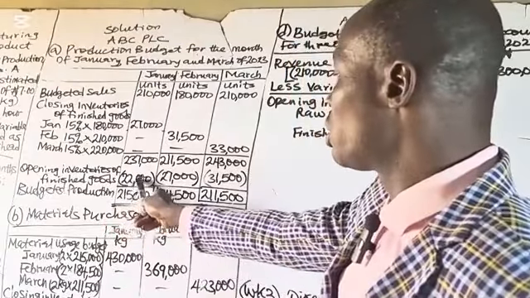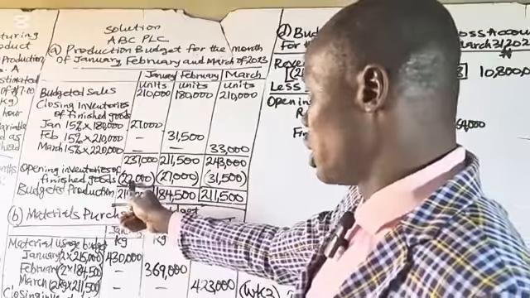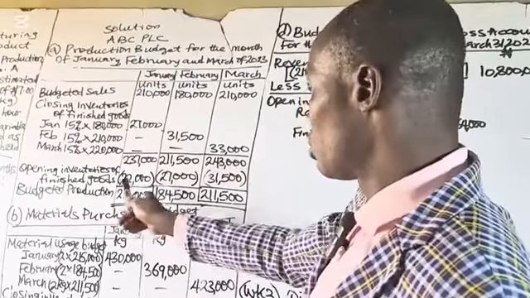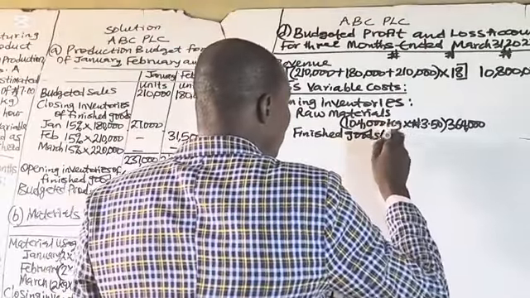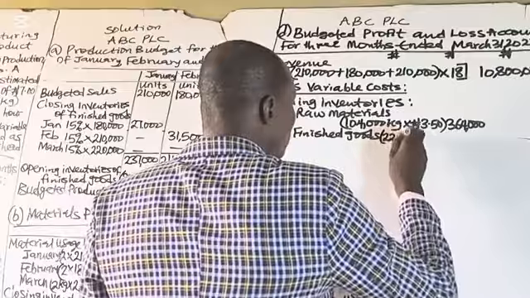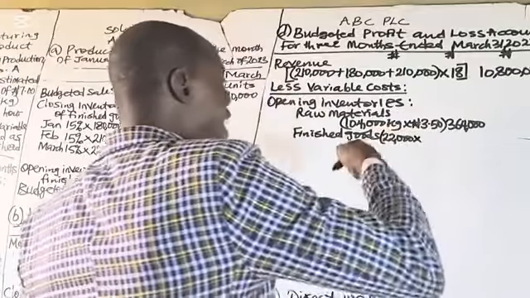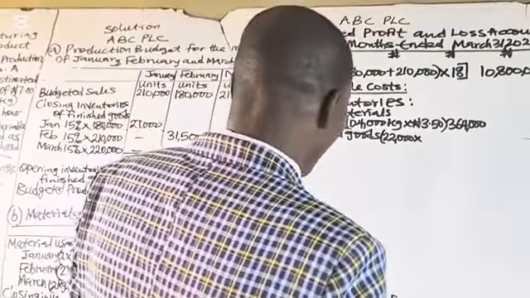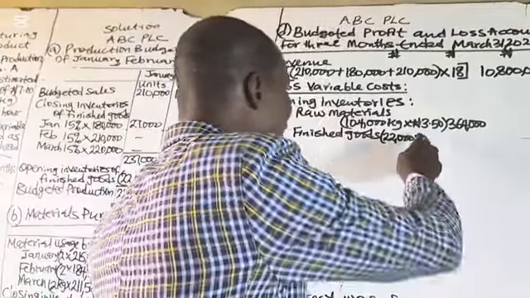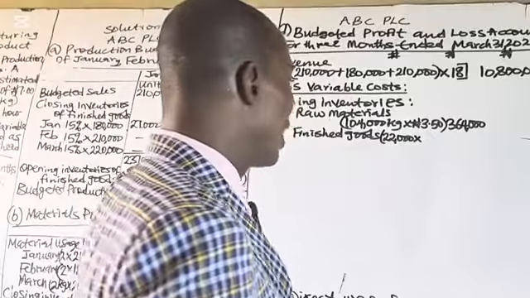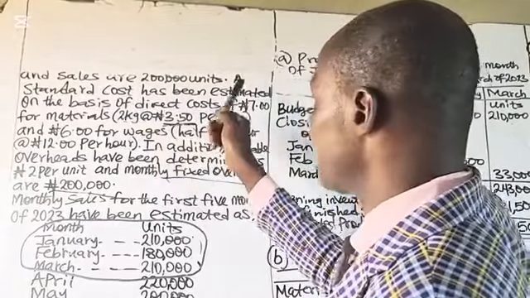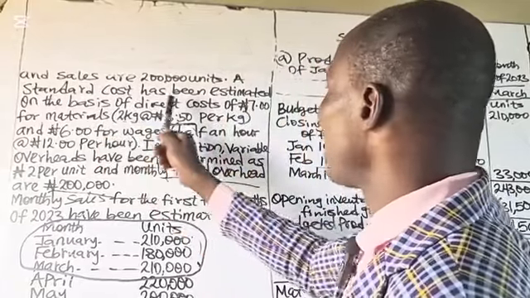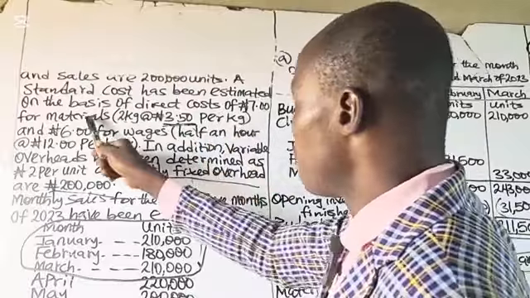This 22,000 units was given in the question as well. 22,000 times standard cost. Multiply this by standard cost. Now let's go back to the question. We were told a standard cost has been estimated on the basis of direct cost of 7 naira for materials.